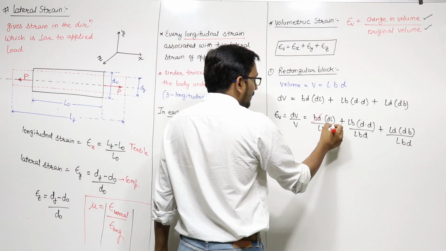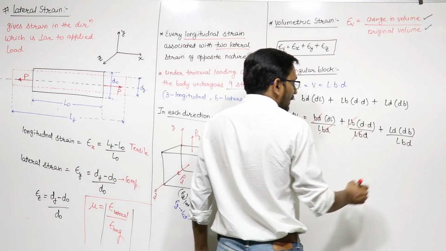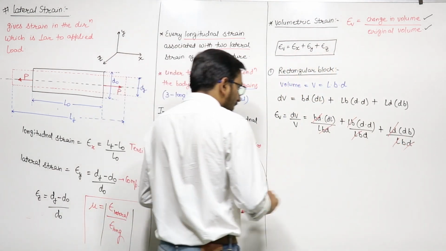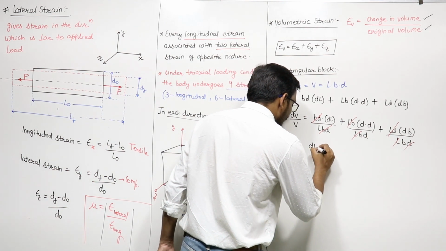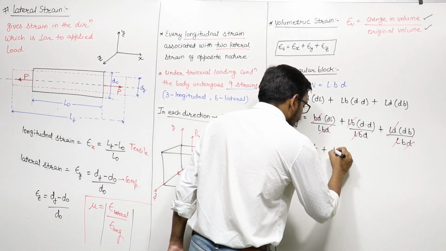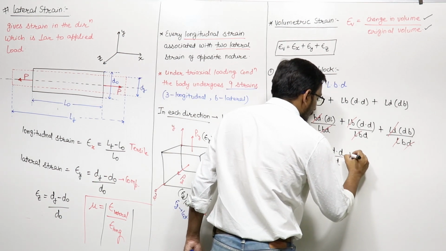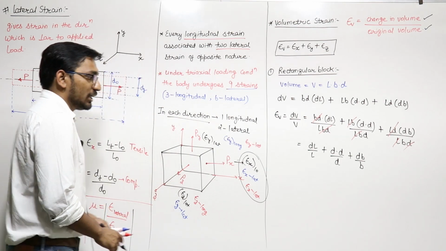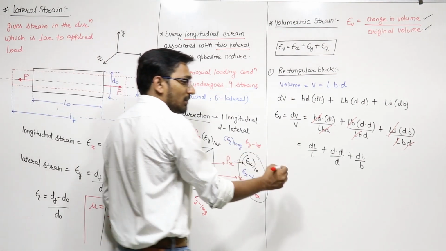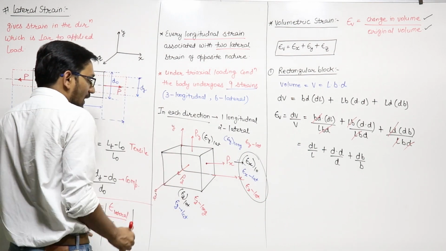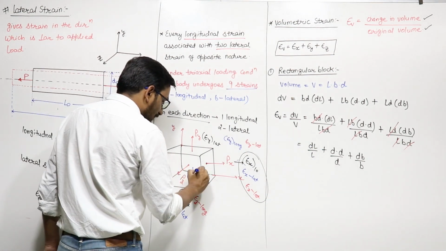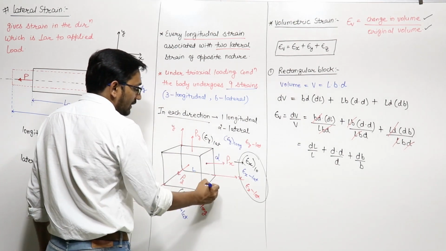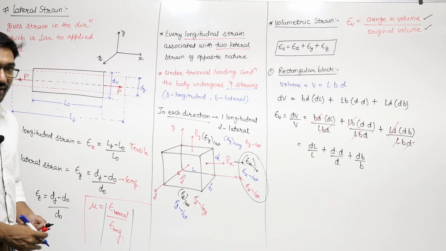So we can cancel BD by BD, LB upon LB, and LD by LD. So this will be equal to dL upon L plus differentiation of depth upon depth plus differentiation of width upon width. Right? And now what is this? Suppose length is in x direction, depth is in y direction, and width is in your z direction, right?